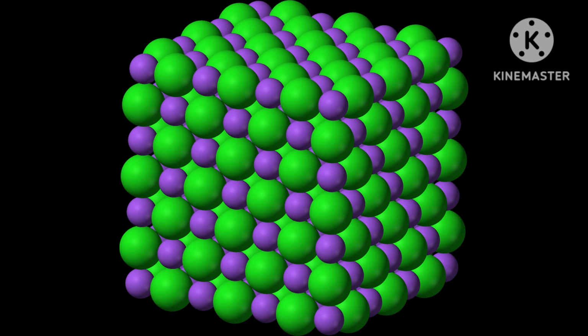Therefore, sometimes these are called pseudo solids, P-S-E-U-D-O, pseudo solids or supercooled liquids. Amorphous solids are called supercooled, particularly glass. Glass is called supercooled liquid or pseudo solid.